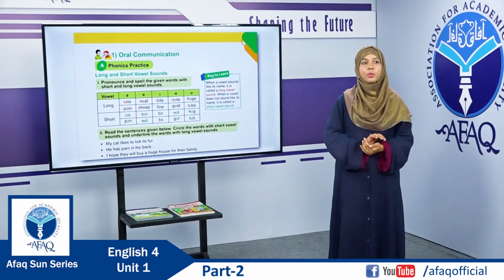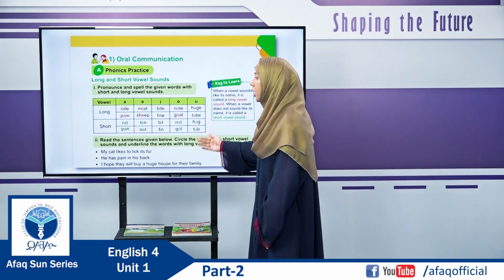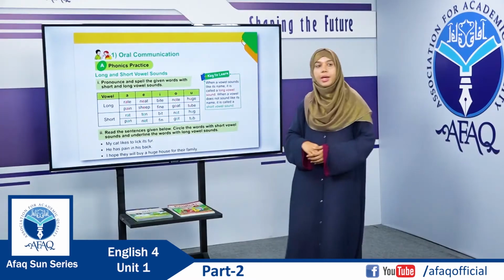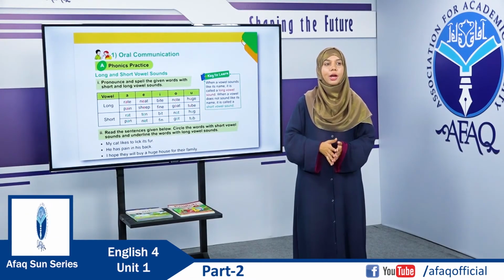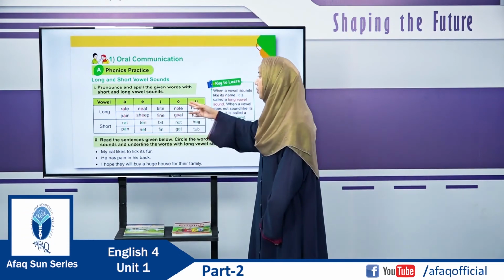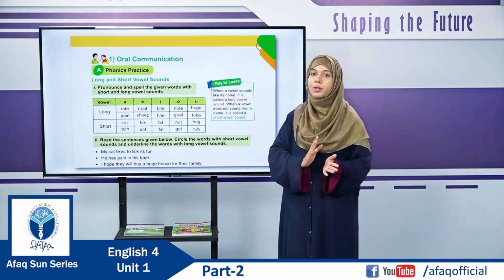On page number 21 of your textbook, a chart has been provided. In this chart, vowel sounds with long and short sounds have been given. As I have already told you, there are 5 vowel letters A, E, I, O, U, and each one of them has a long and a short form.